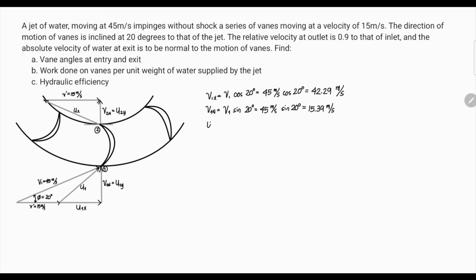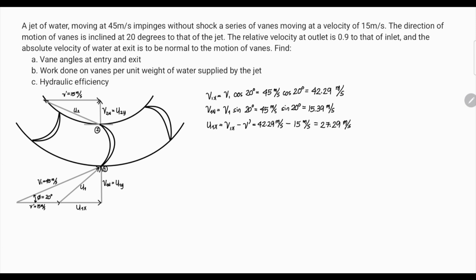Now to solve for U1x, U1x is the difference from our V1x. V1x is the total sum of our V prime and U1x. So U1x is V1x minus V prime to get the x component of our relative velocity at point 1. So U1x is equal to 42.29 meters per second minus the V prime, which is 15 meters per second. That is equal to 27.29 meters per second.